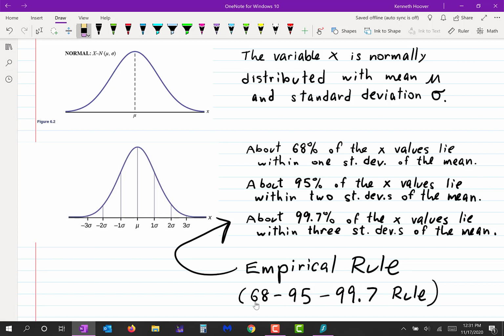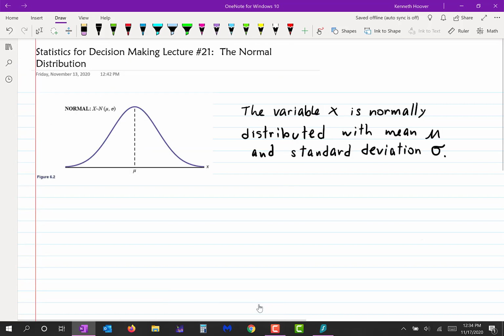Okay. Now, how would you use this information to calculate something? Suppose you were told that x is normally distributed with a mean of mu. That means they would tell you a number, like it could be 75 or something, and a standard deviation of sigma. They would tell you a number for sigma.